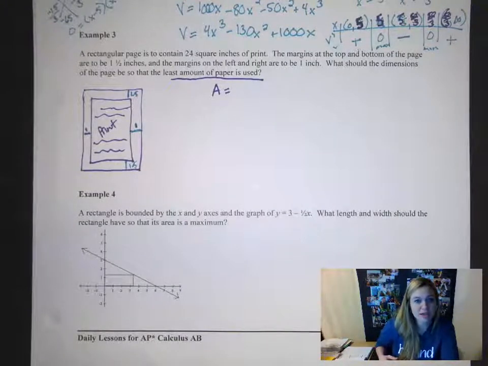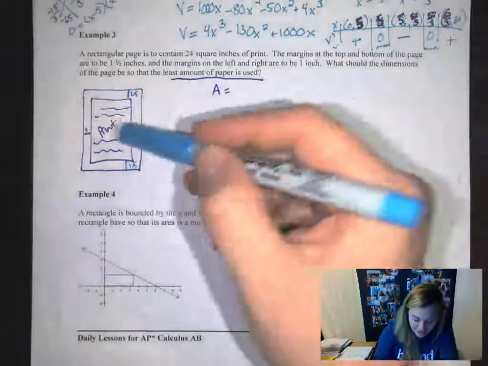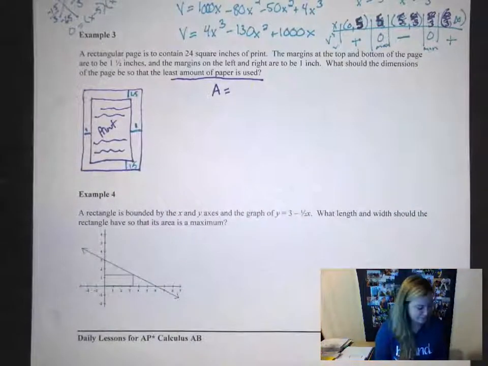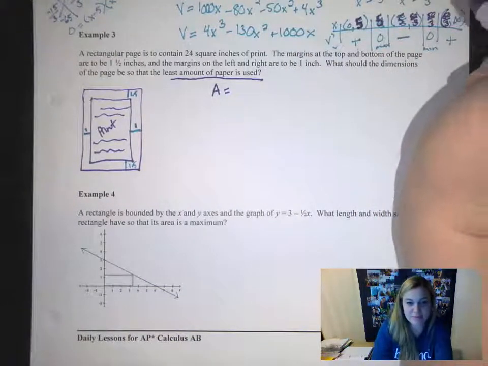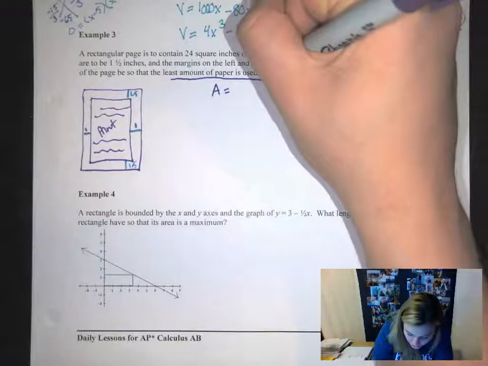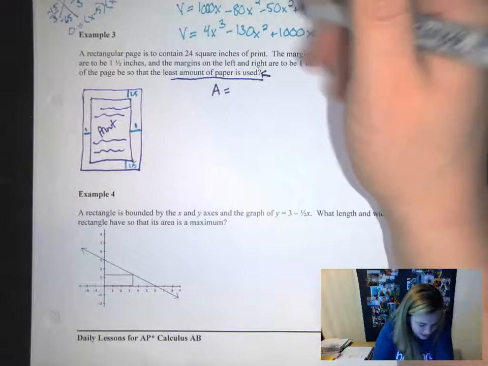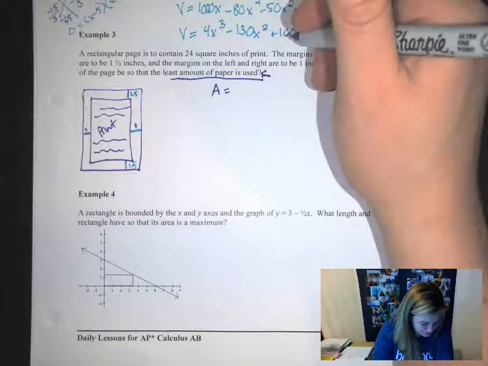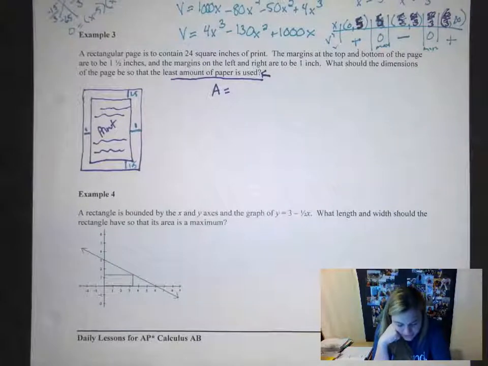So if we're talking about the least amount of paper, that is actually just like the area of the print itself. So the least amount of paper is going to be used because it's going to be the same in here anyway. So this one, if I want the area of the print, let's actually, okay, what should the dimensions of the paper page be so that the least amount of paper is used?